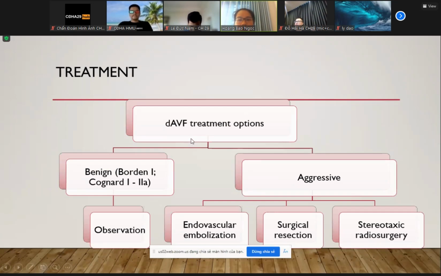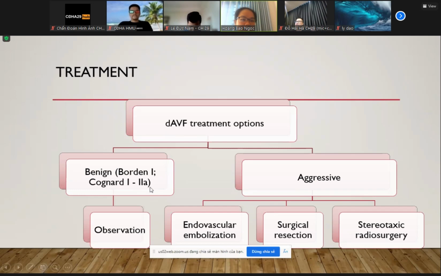So about the treatment options, after obtaining the cerebral angiogram, the findings of DSA will define if the lesion is benign or aggressive, and the risk of bleeding if not treated.